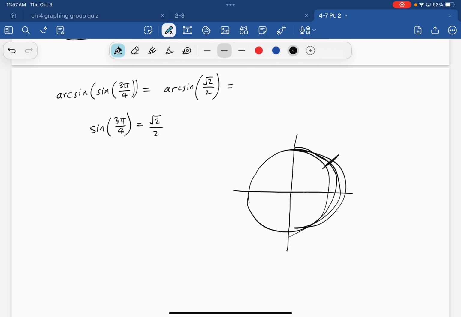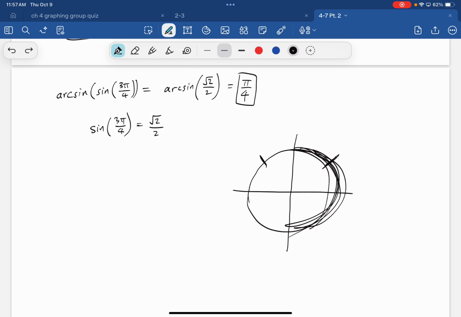That's this point. Pi over 4. Okay, so that's the answer. Notice how that's not the same as 3 pi over 4, right? Why did that happen? That's because of the restricted range of the arcsine function. 3 pi over 4 is outside the range of arcsine, so we couldn't have 3 pi over 4. It becomes pi over 4 instead.